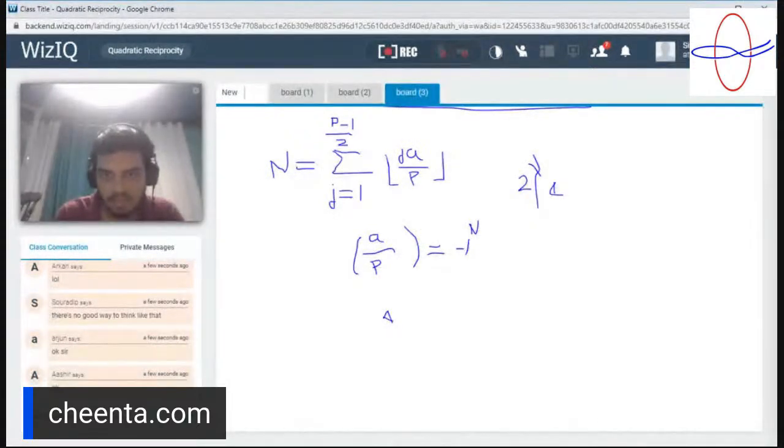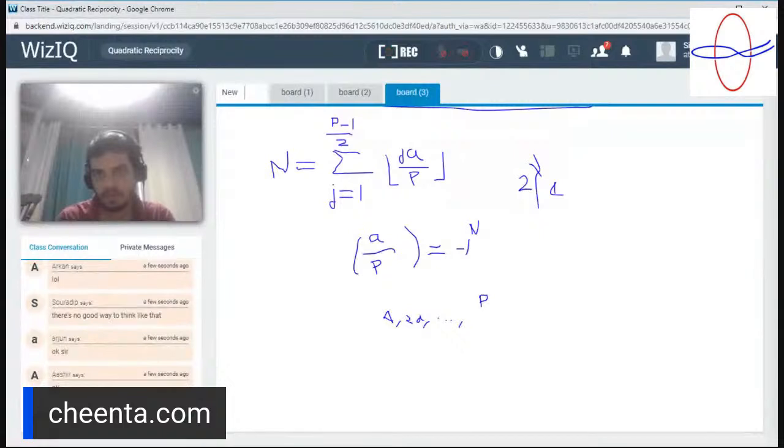A, 2a and so on up to p minus 1 by 2 a. Just did this before, but yeah, we have these values and then we look at their remainders and divide them into two sets, right?